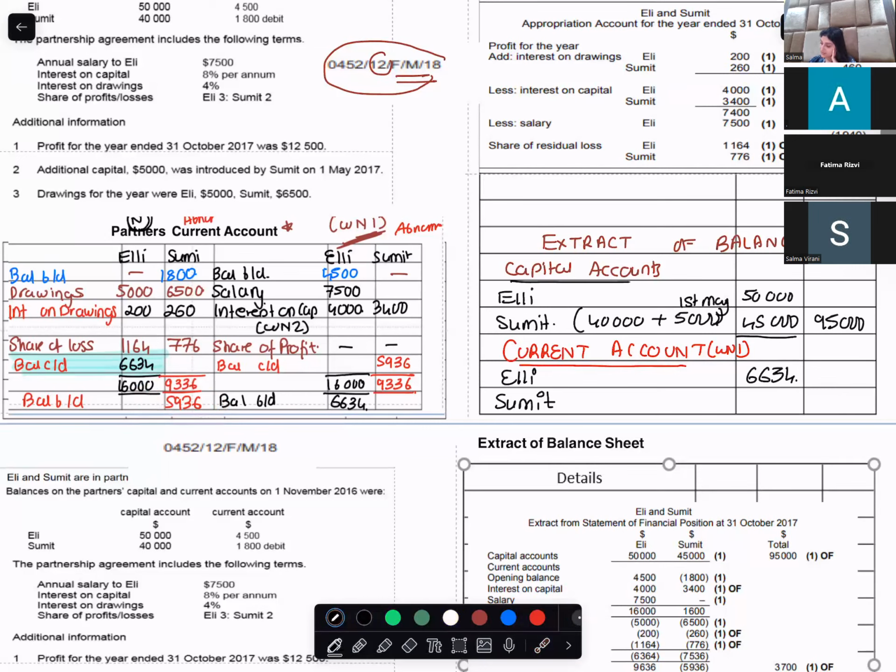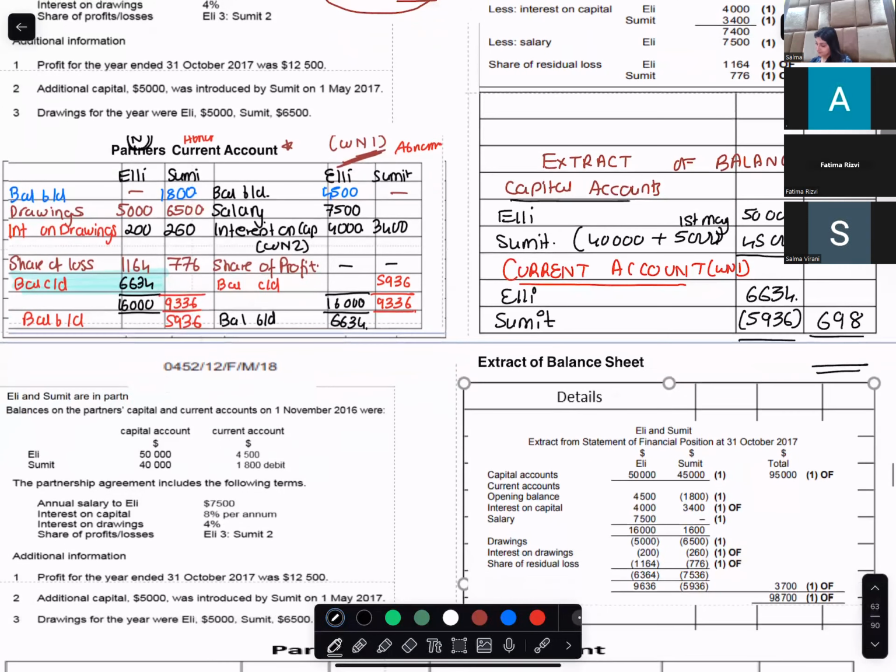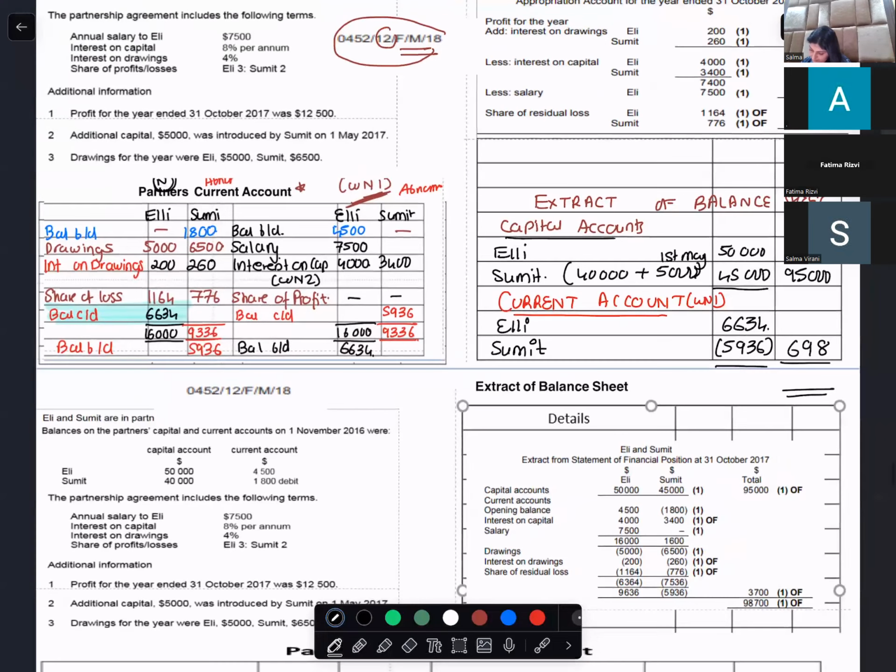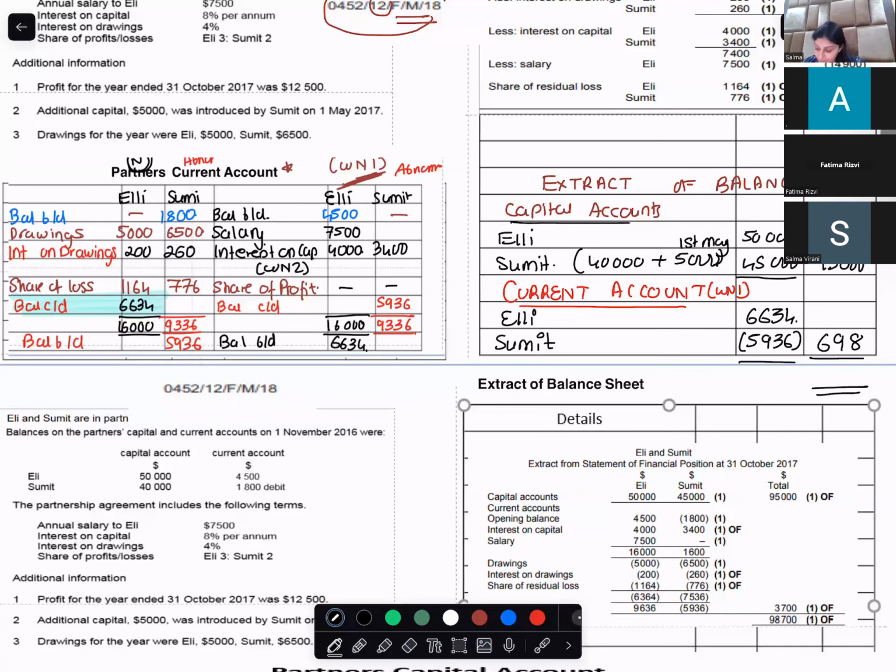It's abnormal. So 6,634 minus 5,936. So this is 698. So total is 6,634.